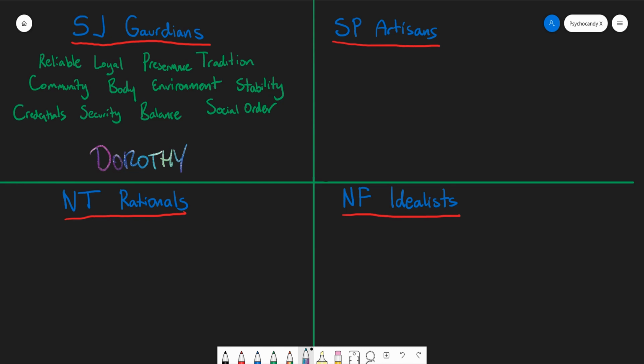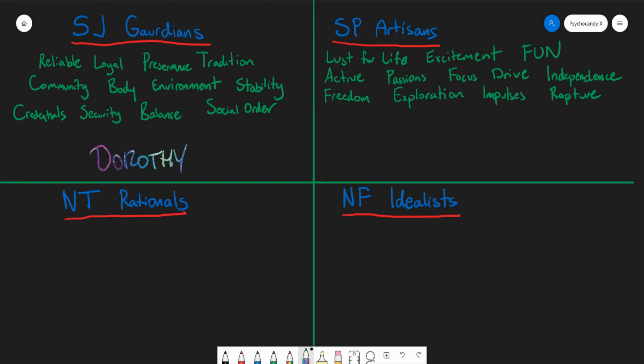And basically, her goal is to get back home, right? To get back to that community because she's in Oz. It's a very random, chaotic place. And towards the end, she just gets sick of it. She just wants to get home, back to her community, back to how things were. And this is generally reflective of the SJ Guardian temperament.